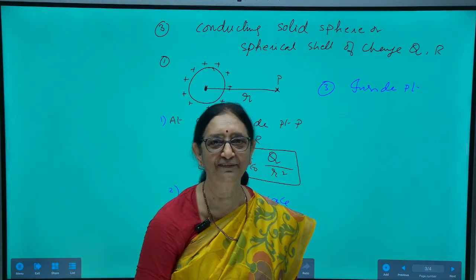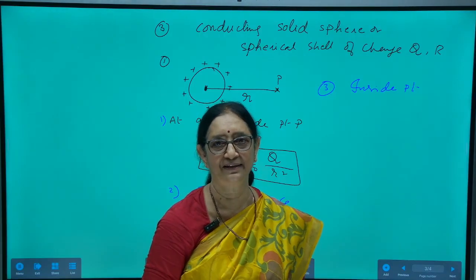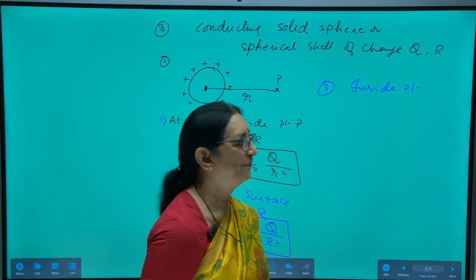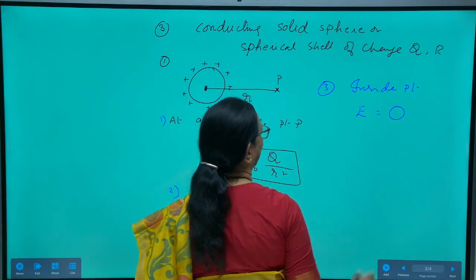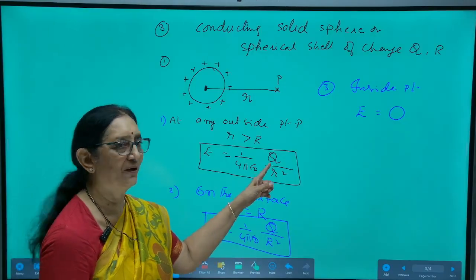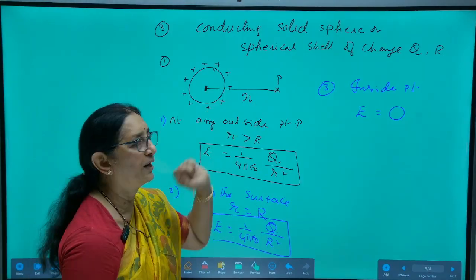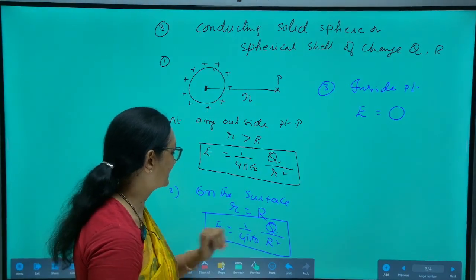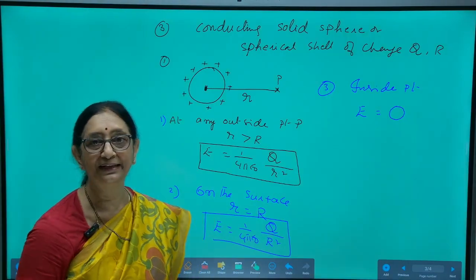What is the electric field intensity at any inside point of any charged conductor? It is 0 because electric lines do not exist inside any conductor. So, at any outside point, 1 by 4 pi epsilon naught Q by r square, where r is the distance of the point from the center. On the surface, Q by capital R square. At any inside point, it is 0.